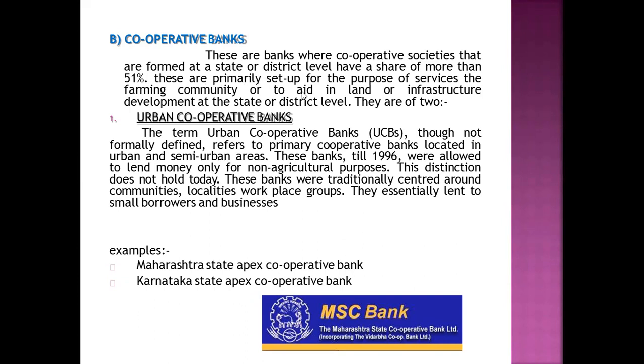These are primary sector banks for the purpose of serving the farming community or aiding land or infrastructure development at the state or district level. Basically, these banks provide this amount to the numerous people who actually want it. They help the farming people, they also help in land, and they also help develop the infrastructure of the nation, at the state level as well as the district level.